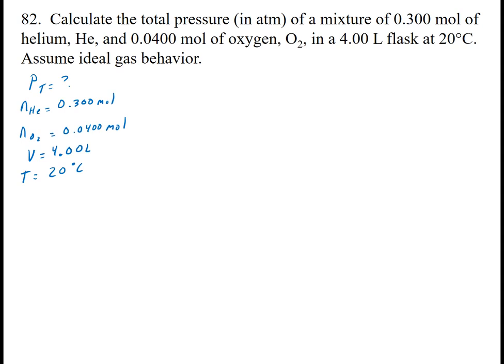There's the long way and the short way. I'm going to show you the long way first. If I have moles, volume, and temperature, that means I'm going to use the ideal gas law. So I need to know that R is 0.0821, which is that constant.